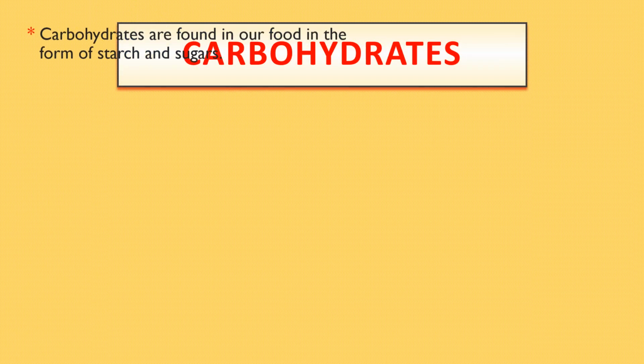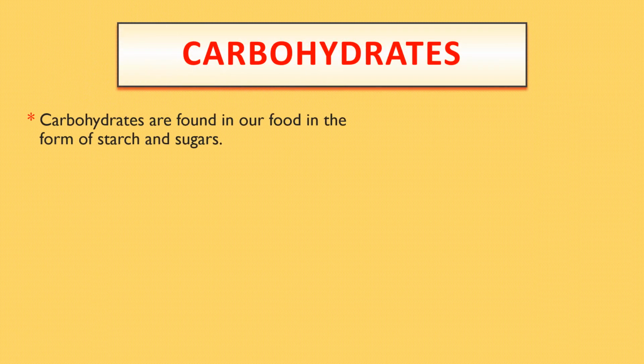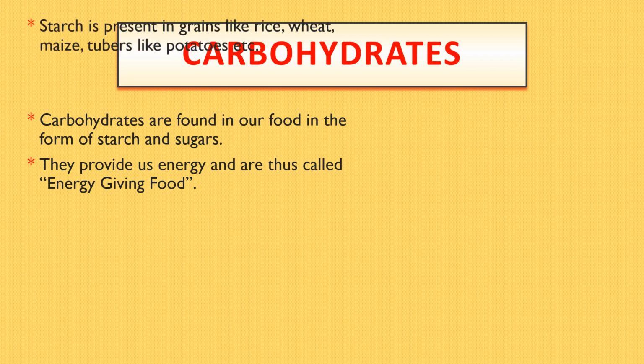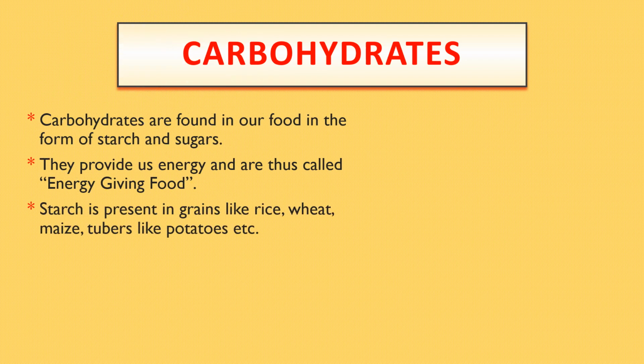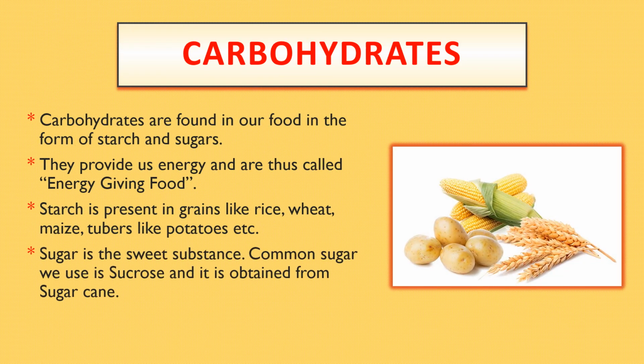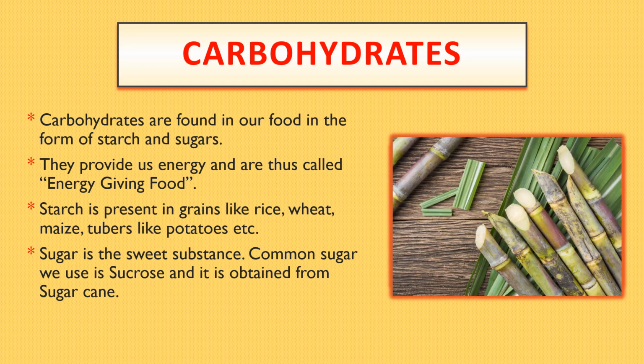Now let's discuss our first nutrient, that is carbohydrates. Carbohydrates are found in our body in the form of starch and sugars. They provide us energy, so they are also called energy giving food. Starch is present in grains like rice, wheat, maize, jowar, bajra, and in tubers like potatoes, etc. Sugar is a sweet substance, as you know, and the common sugar we use is sucrose, which is obtained from sugarcane.